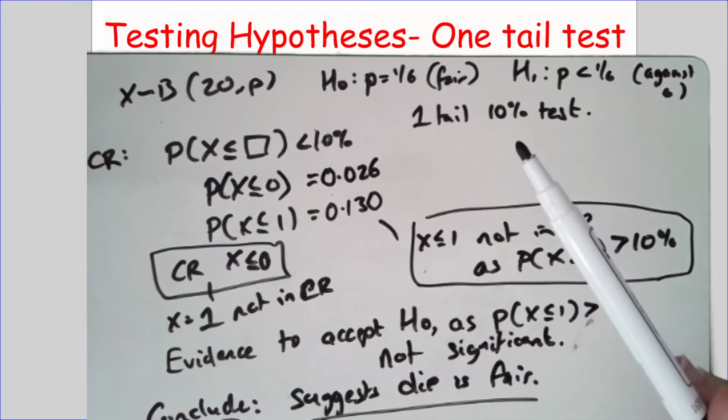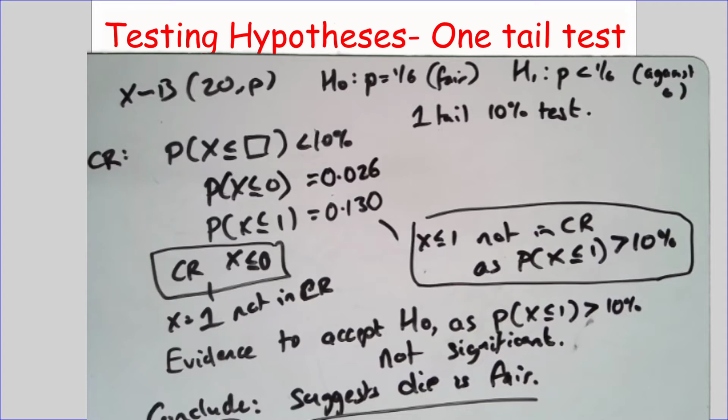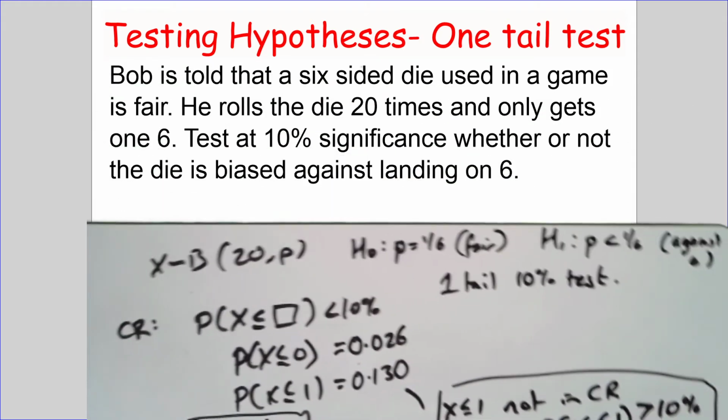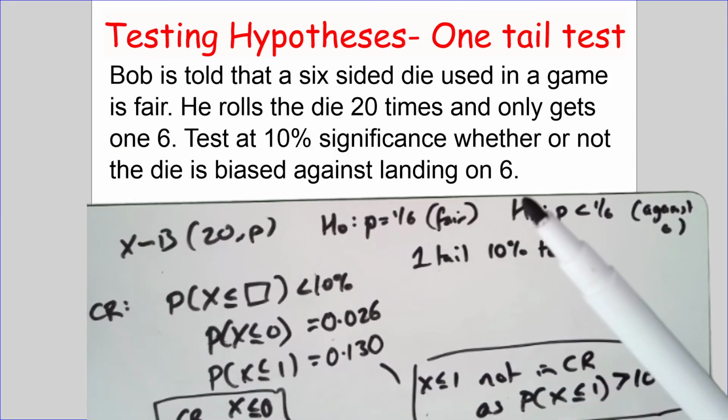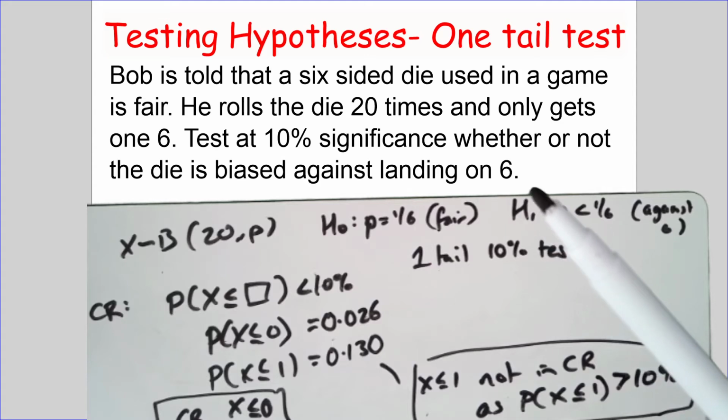So 10% here is our threshold. So this here would be step 6 at the bottom, which is a conclusion in context for our problem. So the hypothesis test in this case, with these results in this setup, suggests that this could be a fair dice. It's not unlikely enough for us to say that we don't believe this dice is fair.